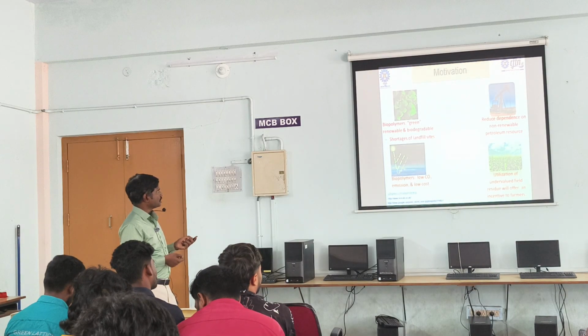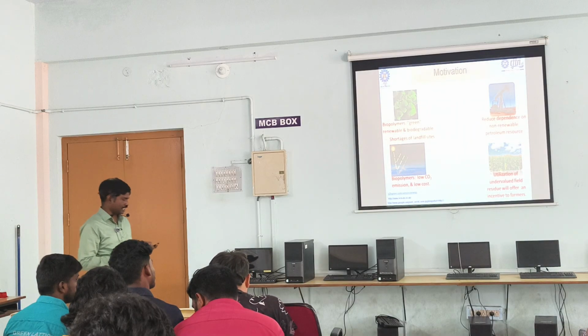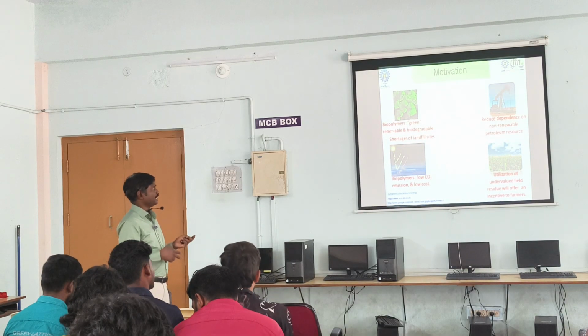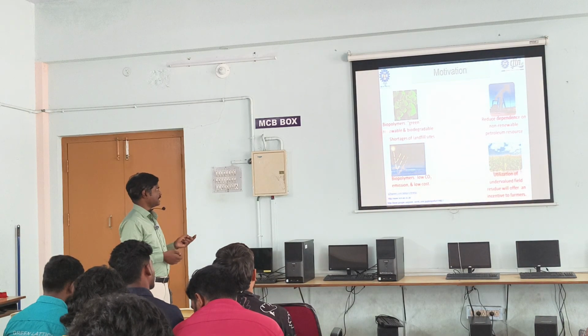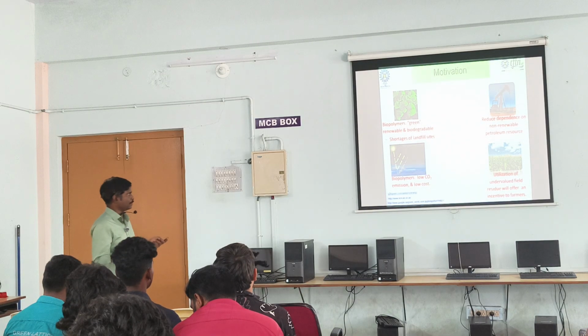Okay, so alternatives to single use plastics can give several advantages. We will get them from biopolymers, which are biodegradable. Once we are using them, if you throw them, they are biodegradable in nature.